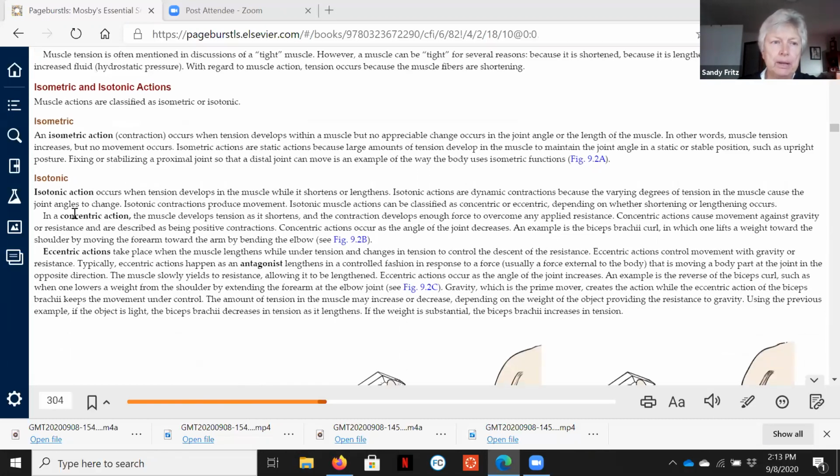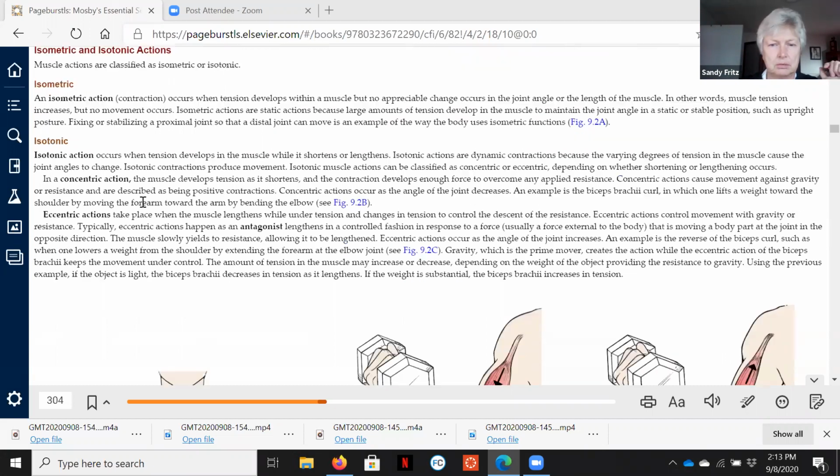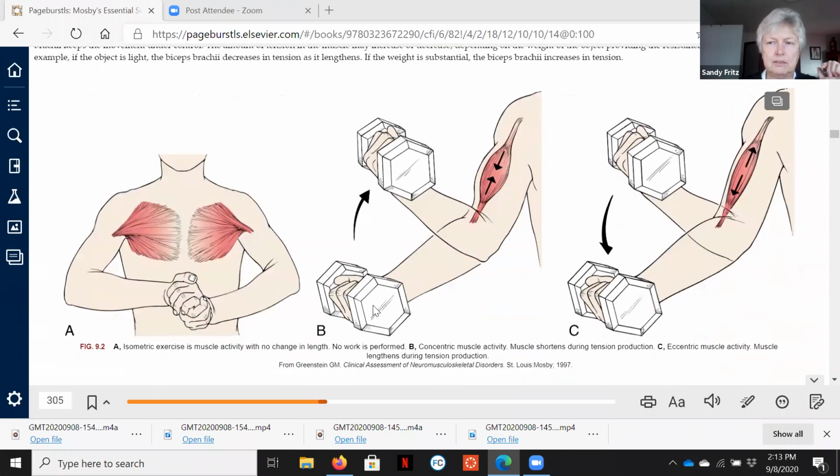So when we are in this idea of isotonic, there's opposing movements that it can either shorten or it can lengthen. And if it shortens, that's concentric action. And if it lengthens or lets go, that's an eccentric action. So this kind of gives you a little visualization of that.